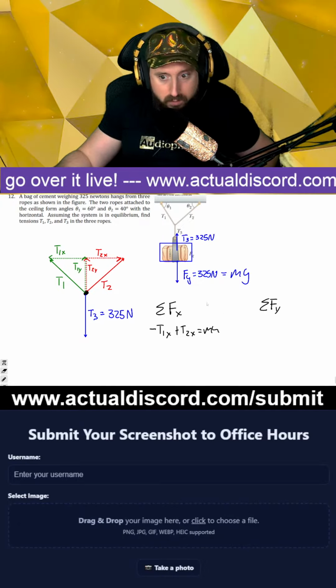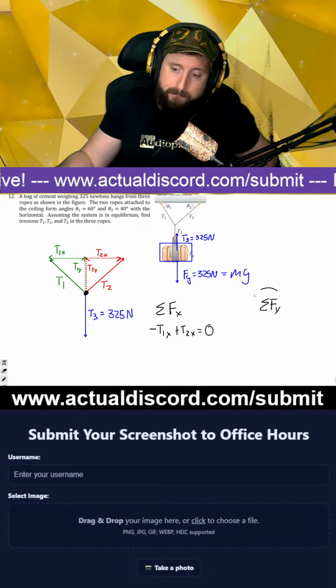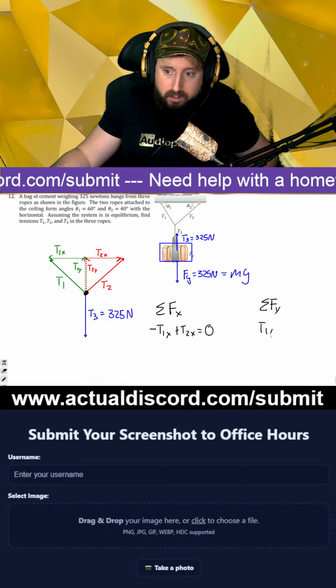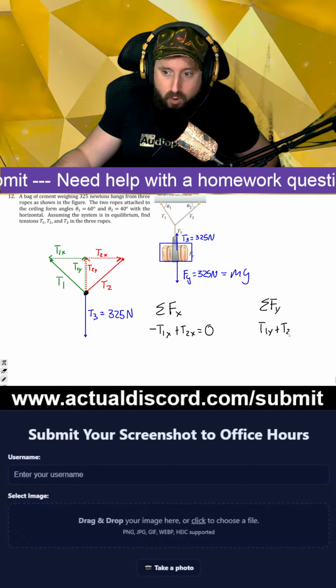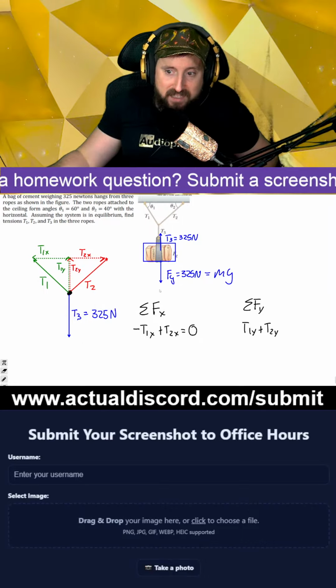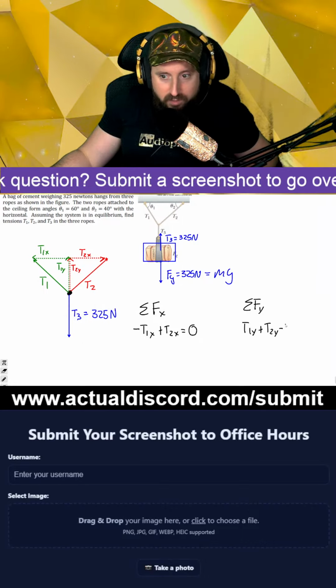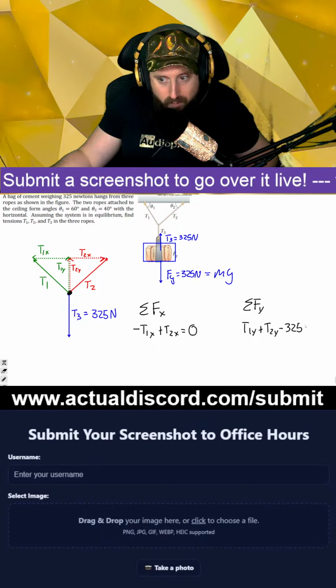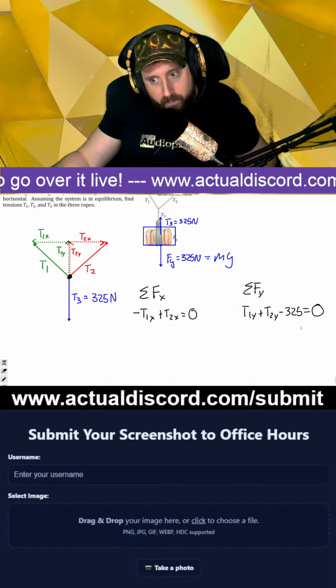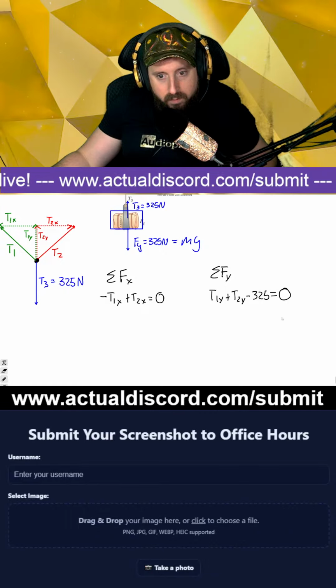Because this thing is not moving. So we know this is all equal to 0. In the y direction, I have both T1y and T2y pointing up, so those are going to be positive. And then I have minus T3, which is the 325, pulling down. And that all equals 0. Cool?